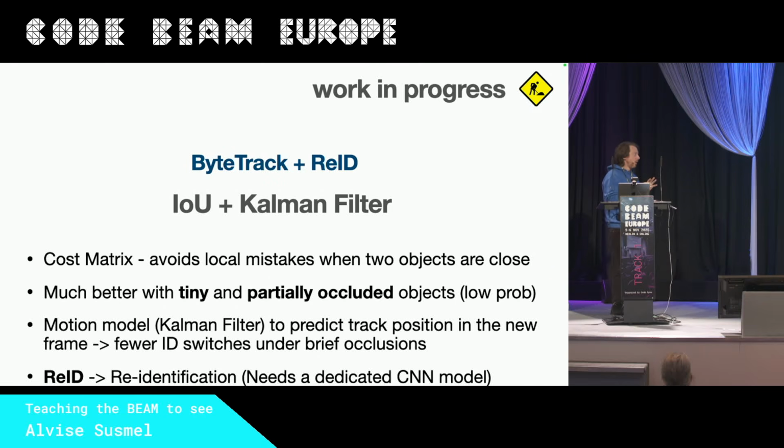So we use another model. This is not just ByteTrack, which is not a neural network. It's a system. But in this case, we use a convolutional neural network to get an embedding of the person. There are many of these models for people, but it's possible to train these models also for cars or many other objects, to get the features representing the person or the object.